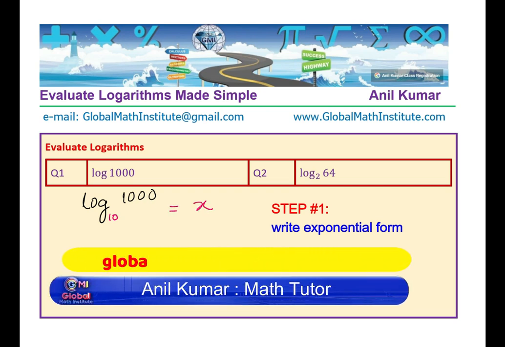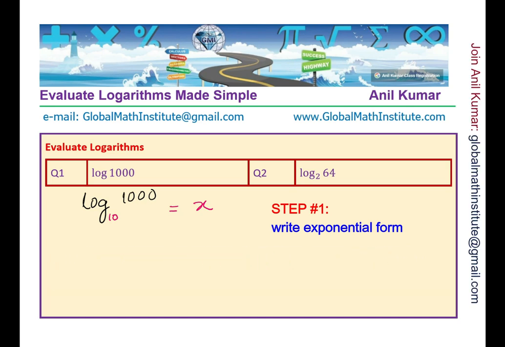So x is the value of this logarithm. First step is always to write it in exponential form, since we are very familiar with exponential form. Keeping the same base, we can write this as 10 to the power of x is equal to 1000.